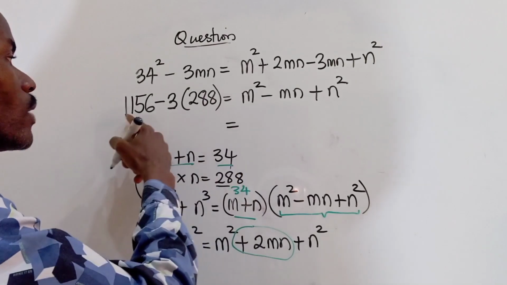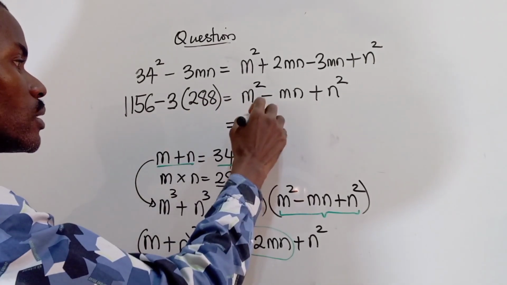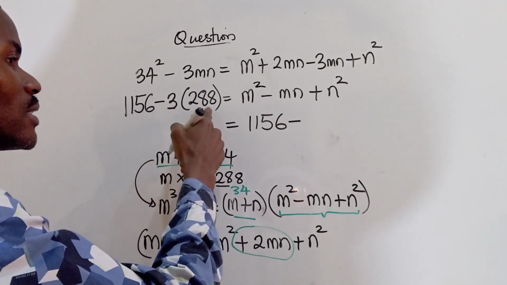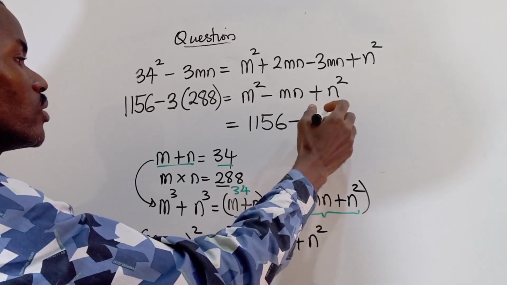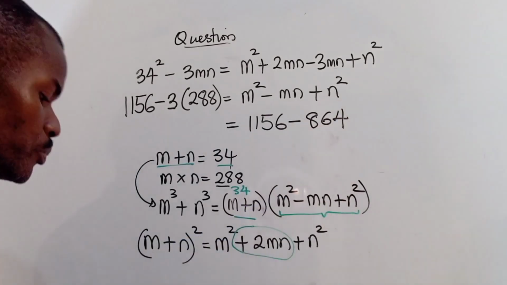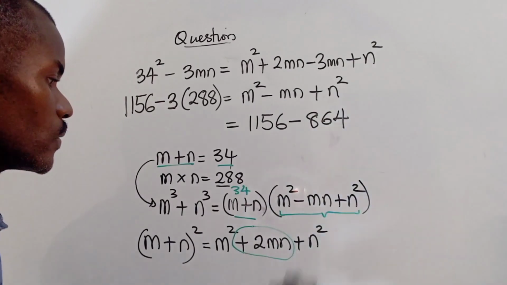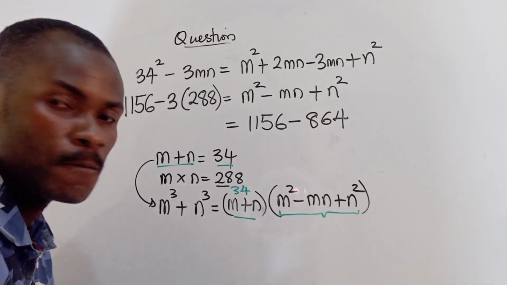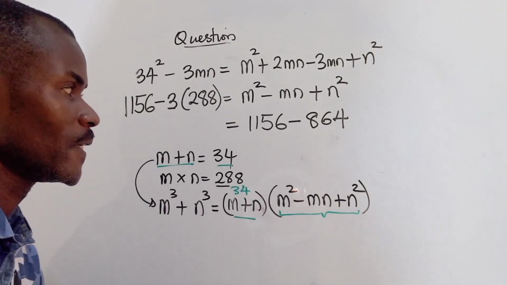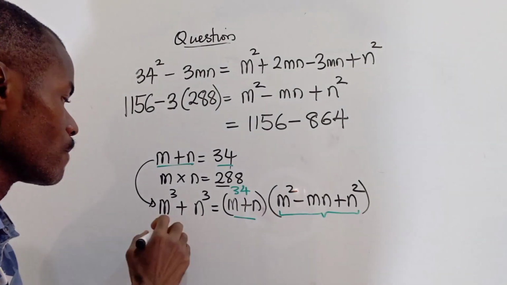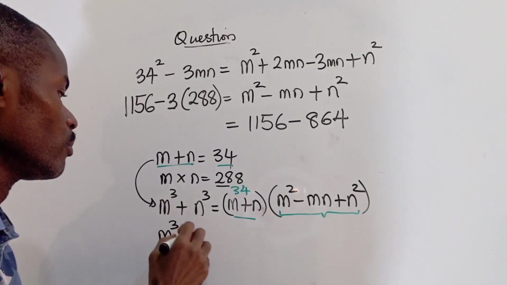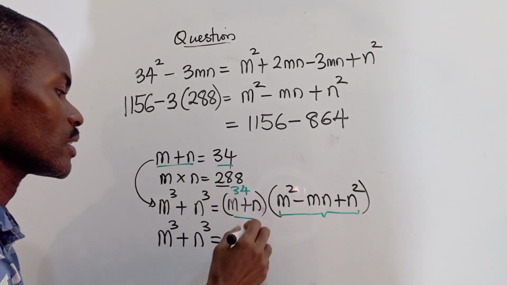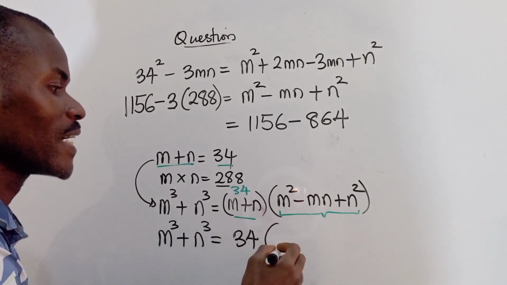So let's work this out. We have 1156 minus 3 times 288, which gives us 864. With that, we can come back to this expression. So we have m cubed plus n cubed equals, remember this is already 34, so we have a bracket.